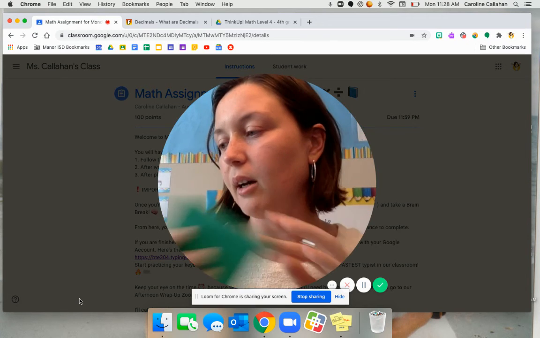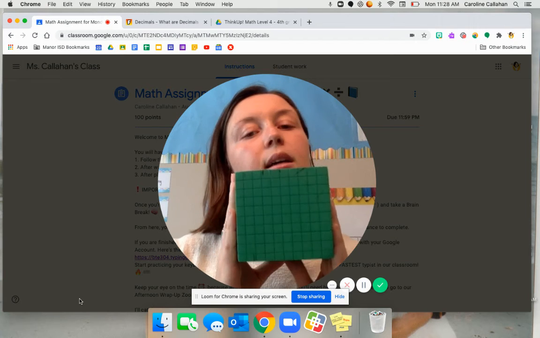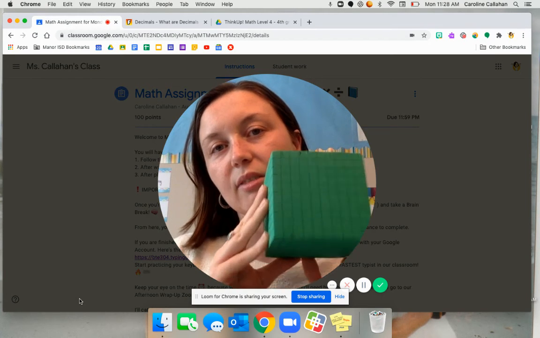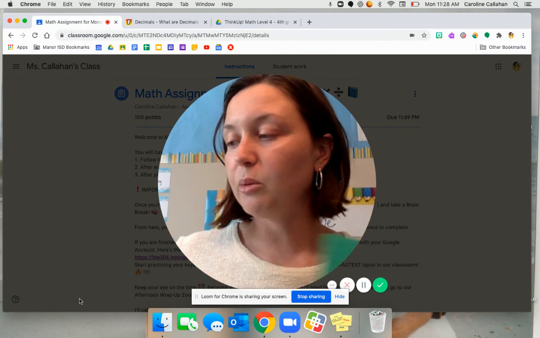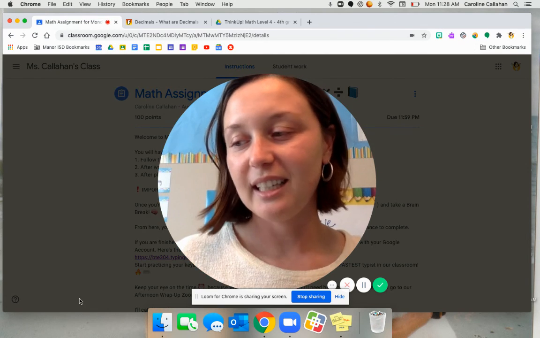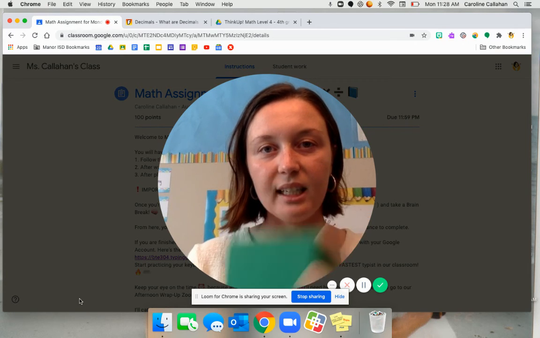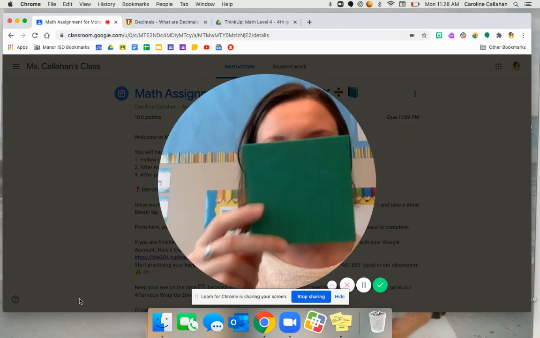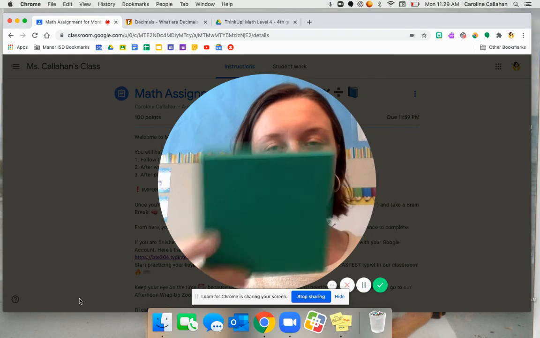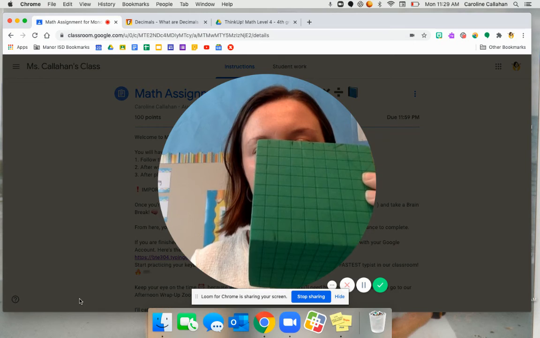And then same thing goes for this ginormous cube. 1,000 divided by 10 equals 100. So once again, 1,000 divided by 10 equals 100. There are 100 of these, or there are 10 of these and one of these, right?